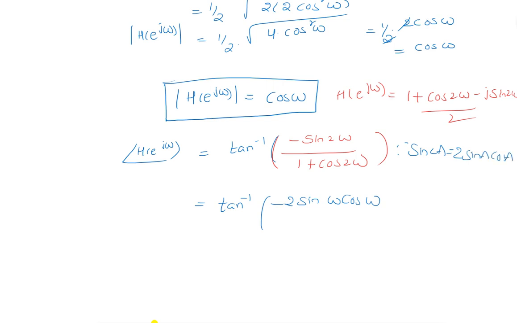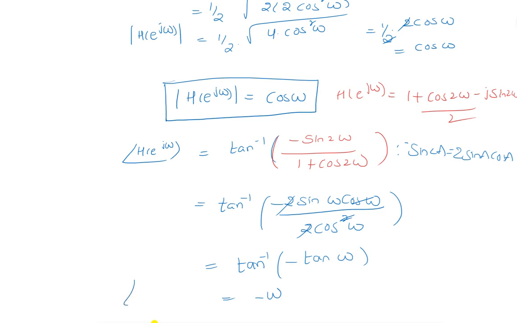And this 1 plus cos 2 omega can be written as 2 cos square omega. So one cos term and cos omega get cancelled, this 2 also gets cancelled. Finally it is minus tan omega. So tan inverse of minus tan omega is nothing but minus omega. So this is the phase response of e to the power j omega.